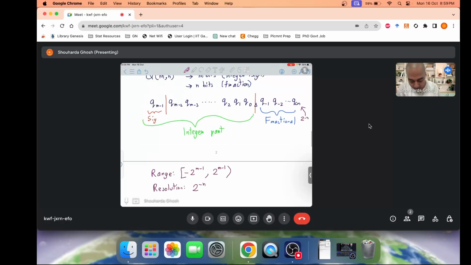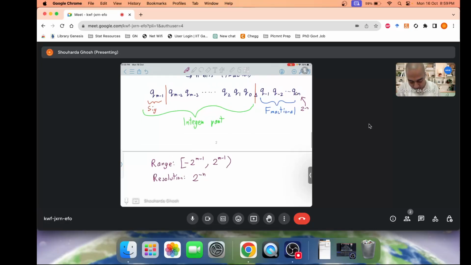And how do you calculate the value of any number? That is the summation of qi times 2 to the power i, summation from minus n to m minus 2, minus q of m minus 1, because it is a sign bit, we give a negative sign, times 2 to the power m minus 1.